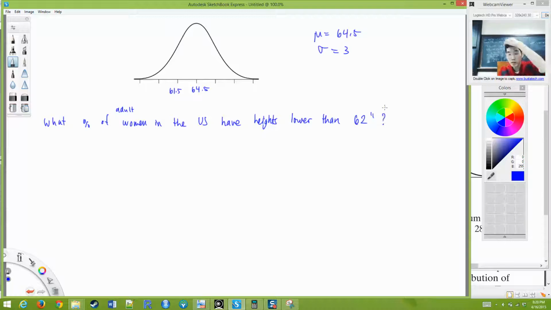This question is now difficult to answer with the tools that we have, or actually it's not possible to answer with the tools that we have, okay? So 62 would be somewhere like right here. So here I'm drawing a line at 62, and I want to know essentially how much is shaded over here.